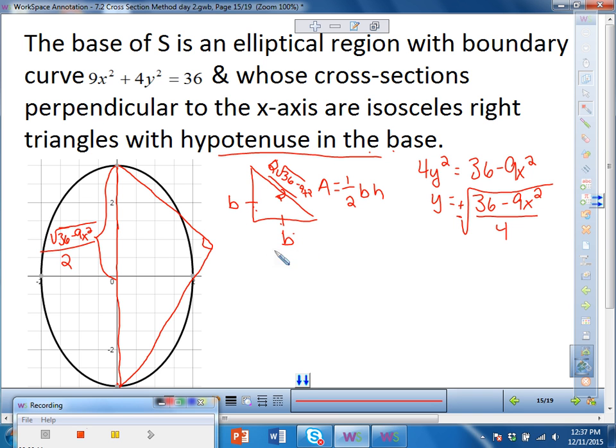And I love the Pythagorean theorem because I don't memorize all that 30, 60, 45 stuff in geometry. I just know the Pythagorean theorem because it always works. So I know b squared plus b squared is equal to, the 2's cancel, the square root of 36 minus 9x squared. So 2b squared, is that right?